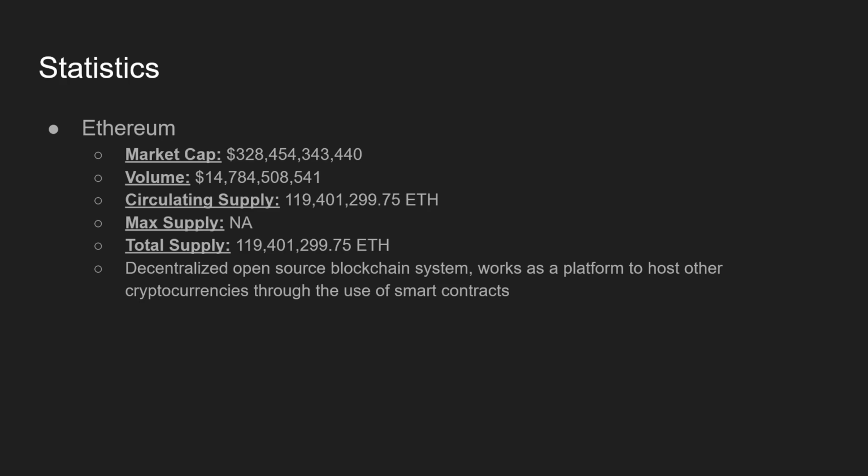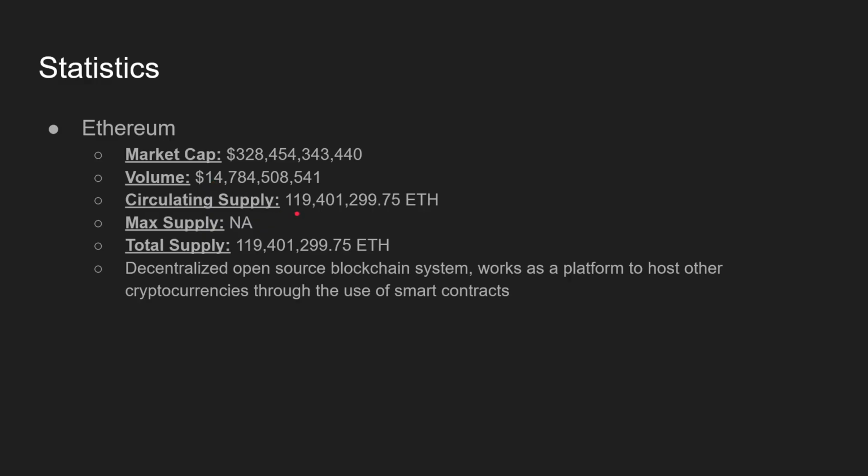So, breaking down these coins, let's take a look at some statistics and the various charts and the price action of these coins over the year 2021. So here's Ethereum. Ethereum has a market cap of $328 billion. We see about $14 billion in average daily trading volume.